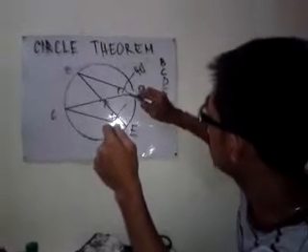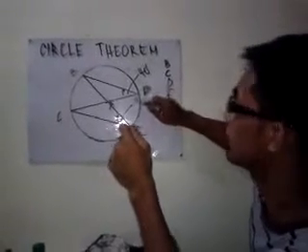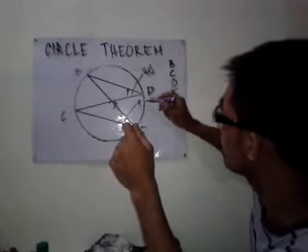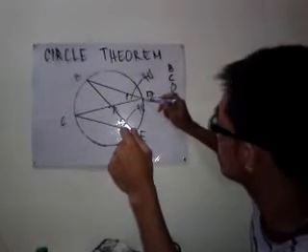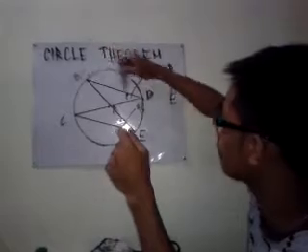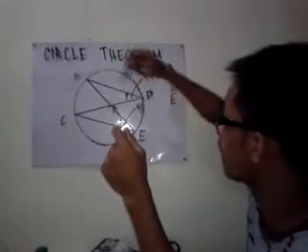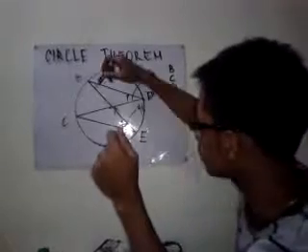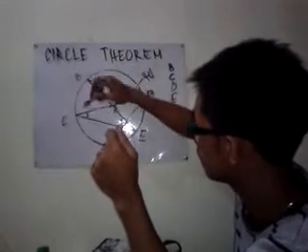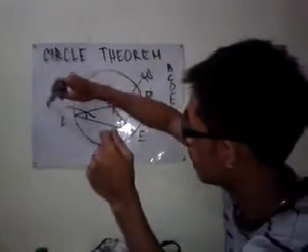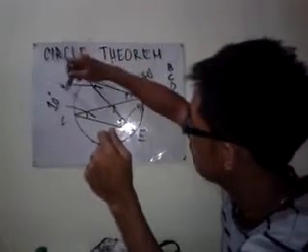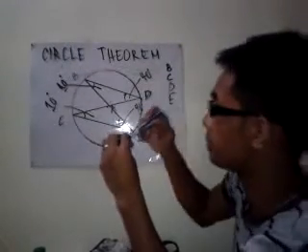Since this is a 40 degree angle, this one automatically measures 40 degrees because they came from the parallel sides and two diagonals. And same as this one: if it measures 10 degrees, this will automatically be 10 degrees also.